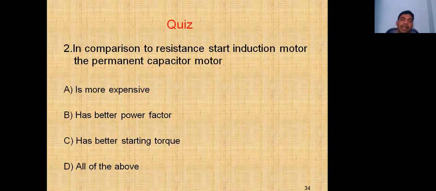So in comparison to the resistor start induction motor, the permanent capacitor motor is more expensive, has better power factor, and has better starting torque. So, all of the above.